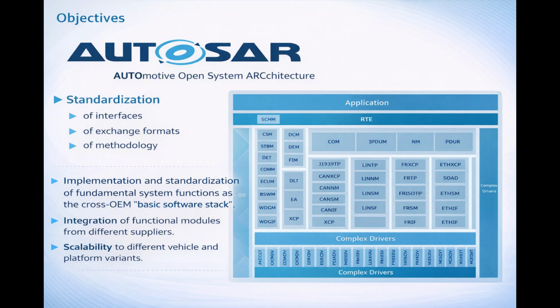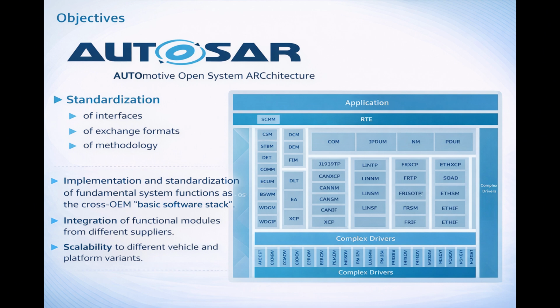And what are the aspects of Autosar? Well, Autosar is, as I've already said, standardization. Standardization of three different things: of interfaces, of exchange formats, and of methodology. So what do I mean by this? Standardization of interfaces.